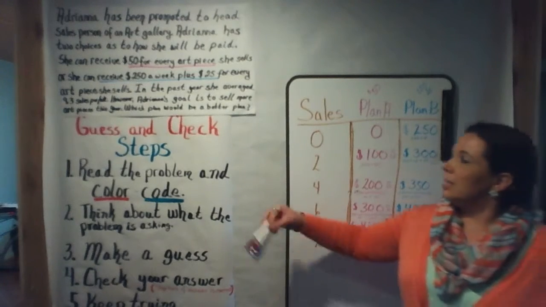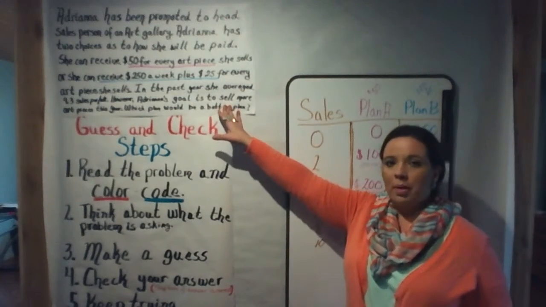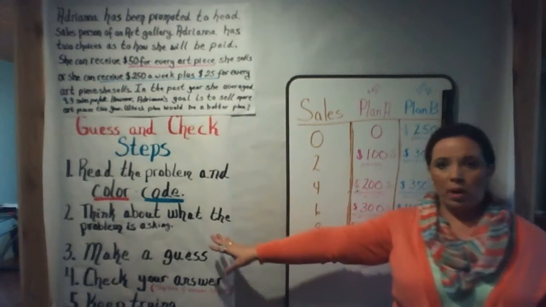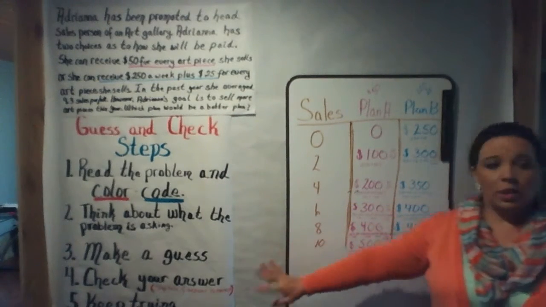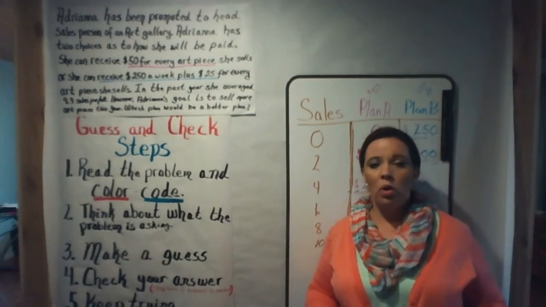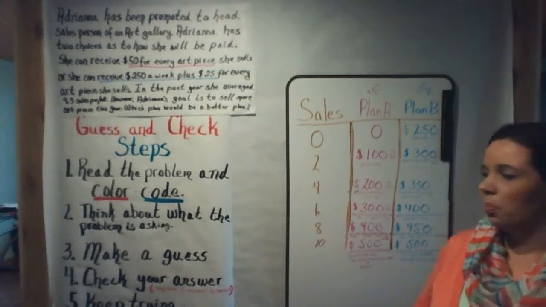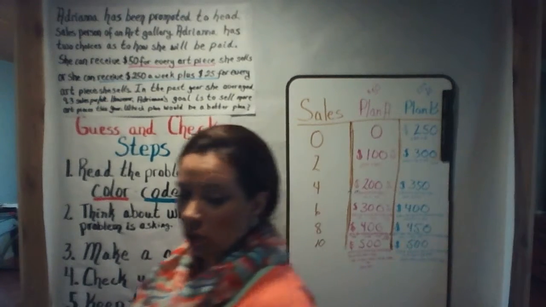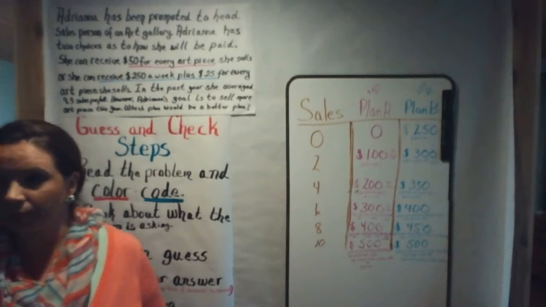We're going to be using the same word problem, but I'm going to show you the three different ways that you could work. And the three different ways you're going to see we get the same answer. So it's just whichever one that you feel comfortable working with. Do we have any questions?